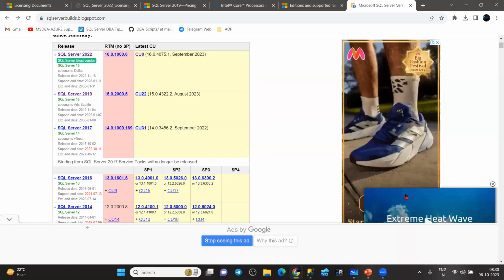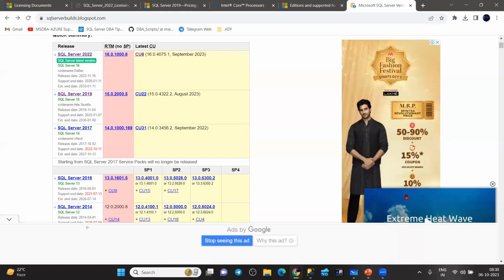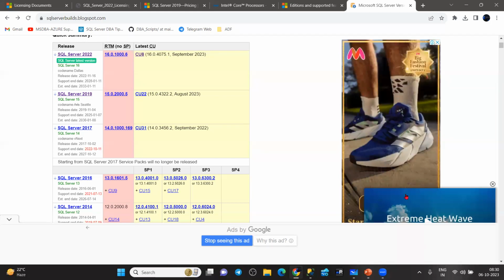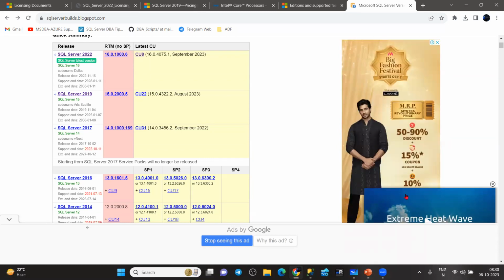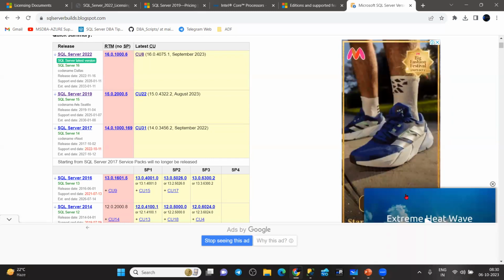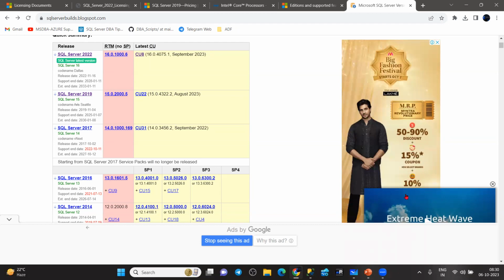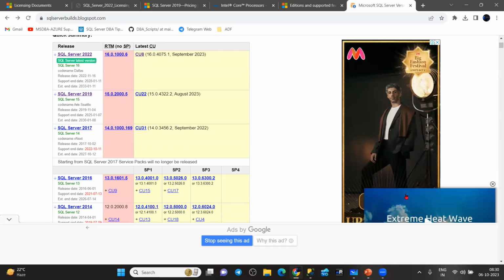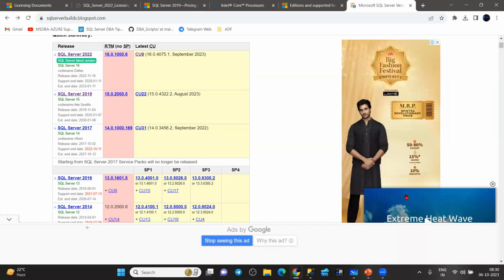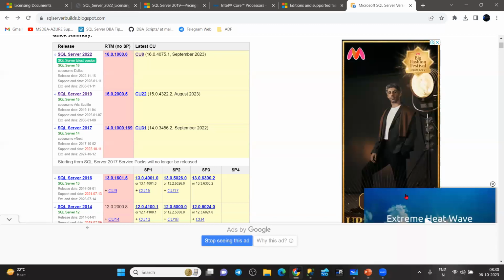Traditionally we have L1 DBAs, on top of that L2 DBAs, L3 DBAs, then SMEs, subject matter experts, team leads, project manager, delivery manager.